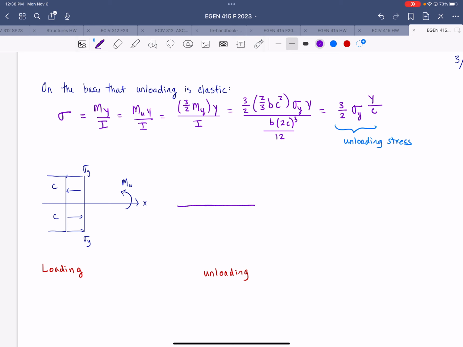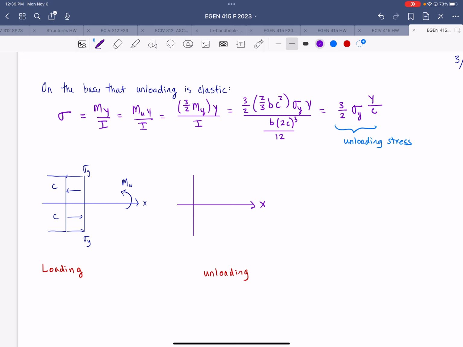So I'll place the neutral axis and align it with the other sketch here. And then I'll draw the distribution. I'm just going to try to align it vertically as well. So that's pretty close.